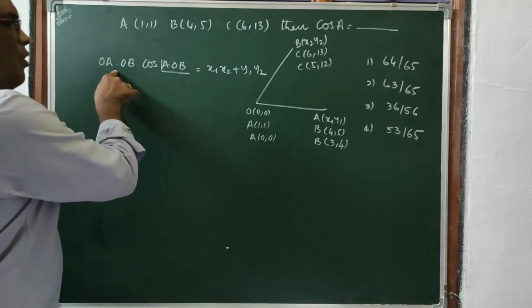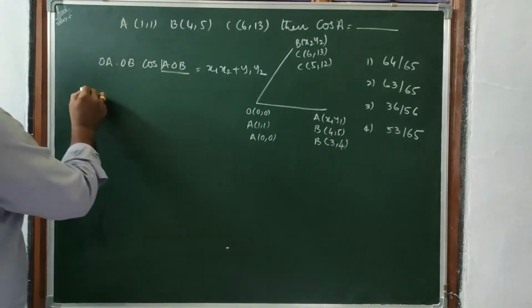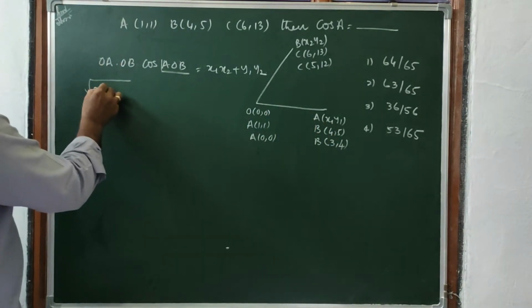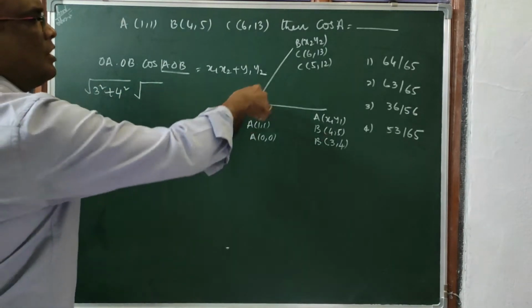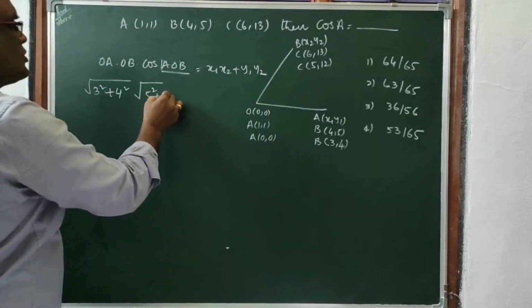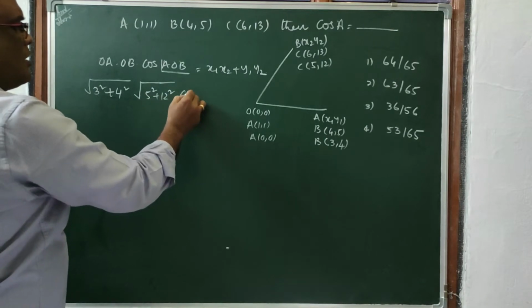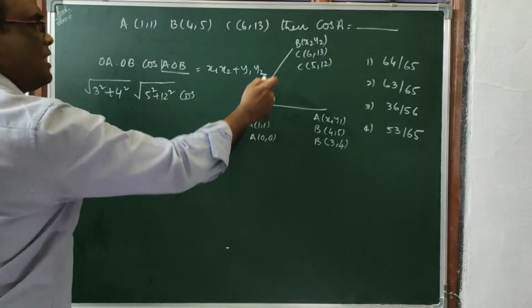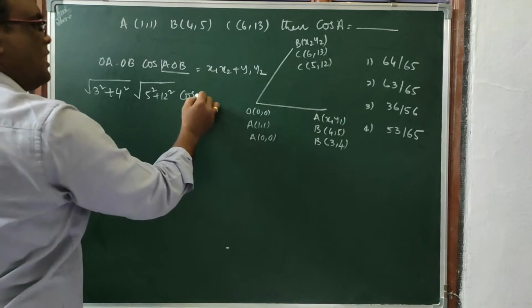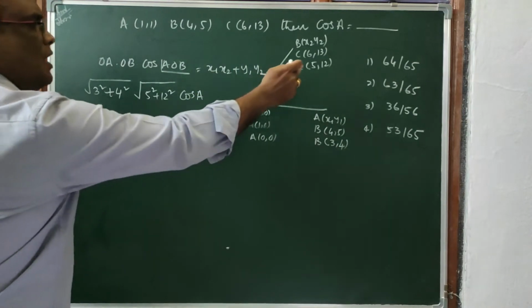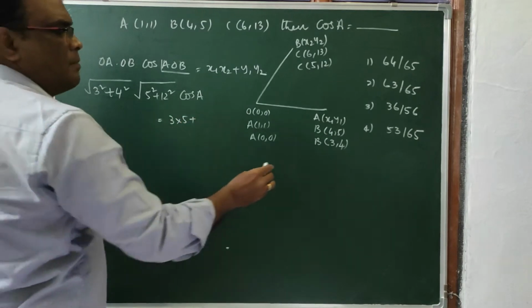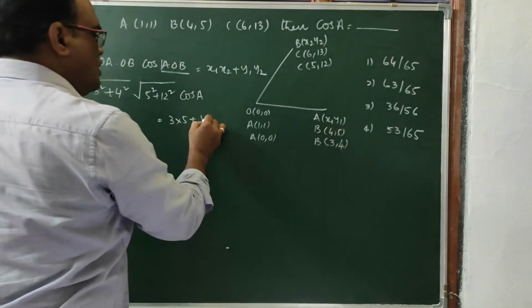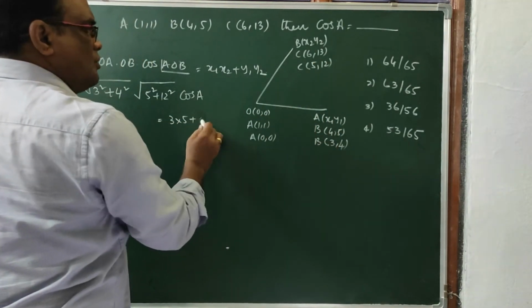Now OA is the distance between two points: √(3² + 4²) × √(5² + 12²) cos angle BAC, which means cos A, is equal to x1 x2 + y1 y2, that is 3 × 5 + 4 × 12.